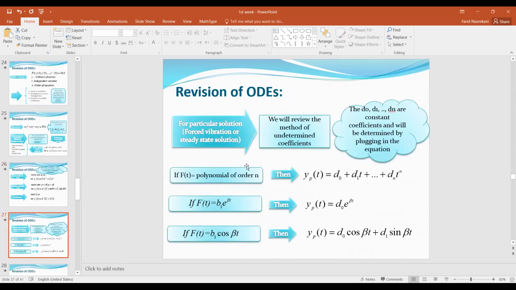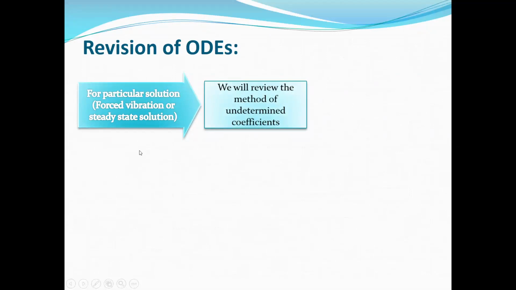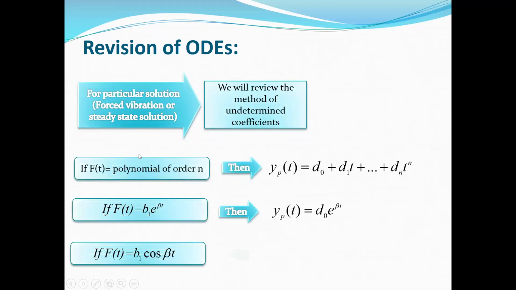The next step, we need to obtain the particular response. For the particular solution, in this course, we will focus on the method of undetermined coefficients. The first case, we can assume that f(t), or the non-homogeneous term, is equal to a polynomial of order n.